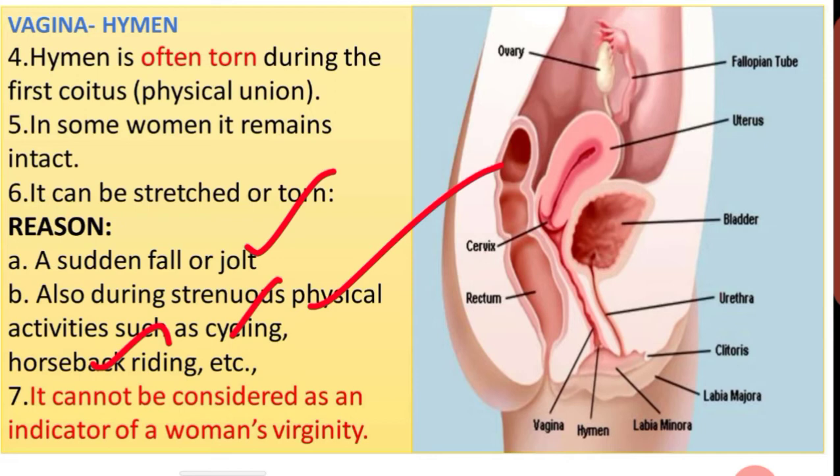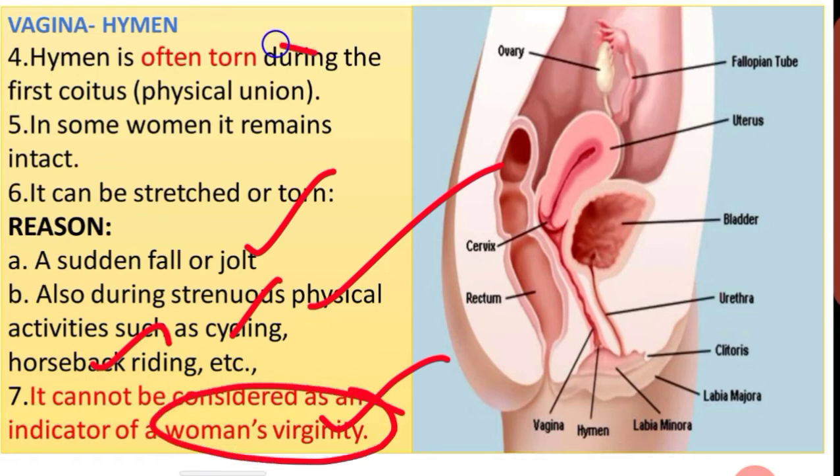So it cannot be considered as an indicator of a woman's virginity. We should not consider hymen vaginae as an indicator of a woman's virginity. Because, the first point, see, the hymen is often torn during the first coitus, during the first physical union of the male and female.